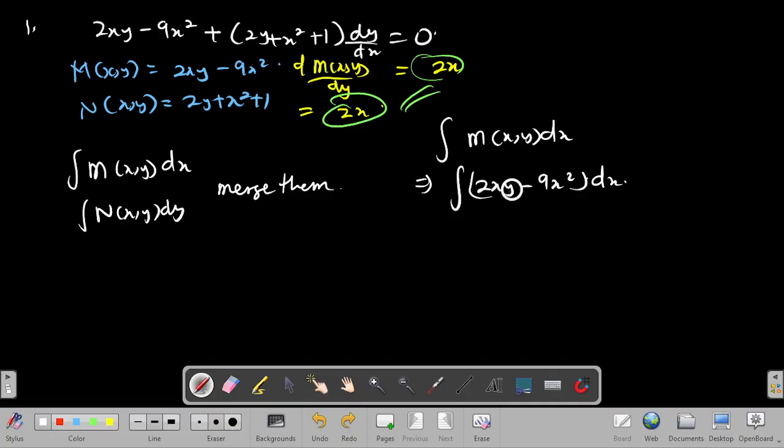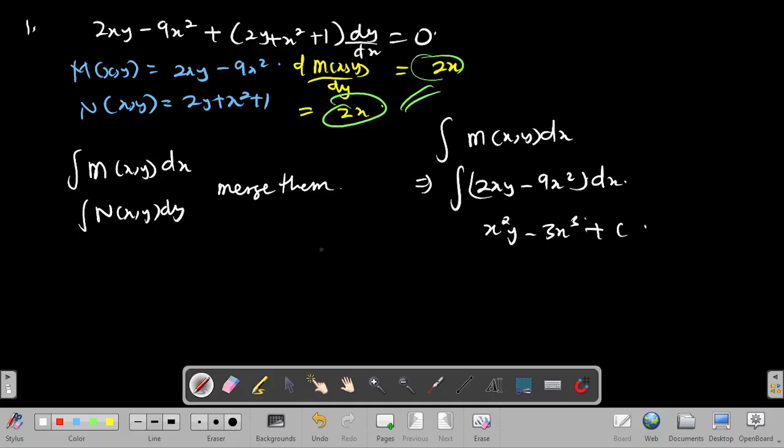So my y stays, and the 2 is a constant. My x becomes x squared over 2, which takes away the 2. I'll be left with x squared y. Here too, I'm integrating with respect to x. You add 1 to the power, it becomes 3, to become minus 3x cubed plus c.